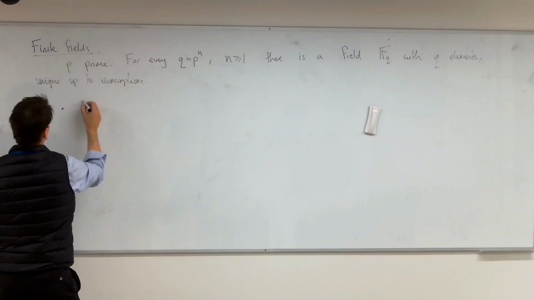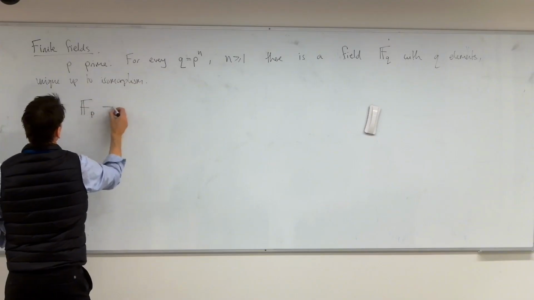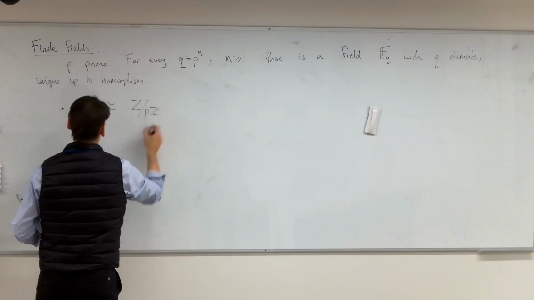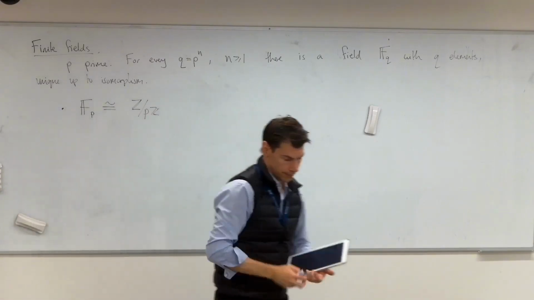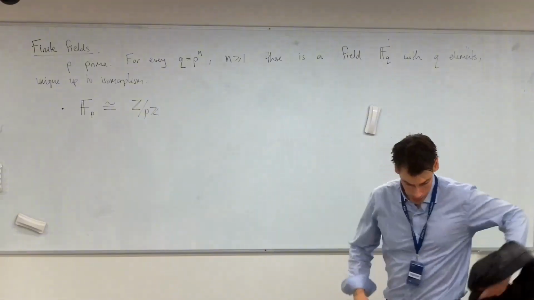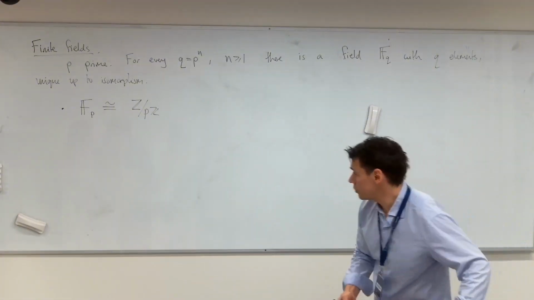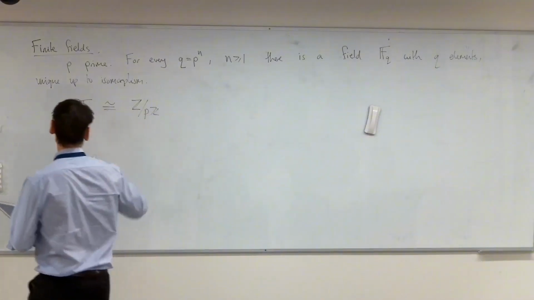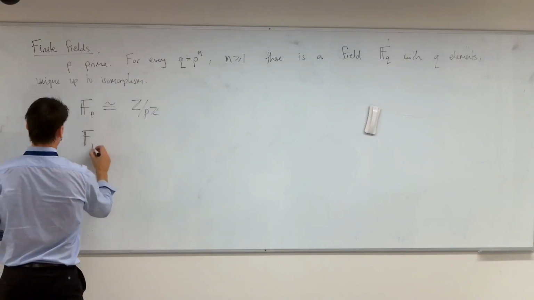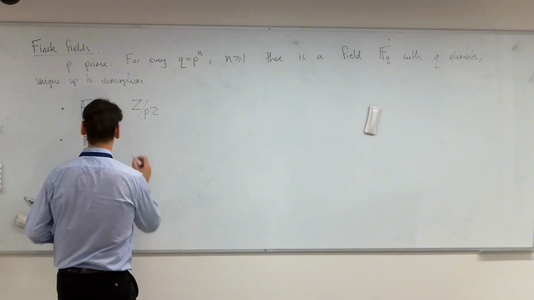So when n is 1, F_p is just Z mod pZ. But it is definitely not true that F_{p^2} is Z mod p^2 Z. To get F_{p^2}, you can construct it as follows.